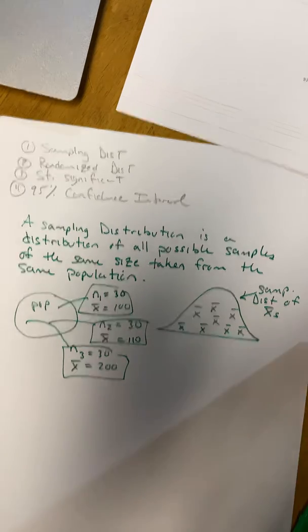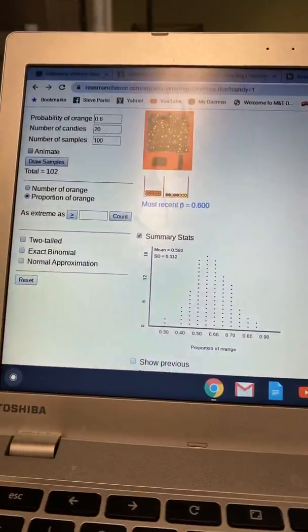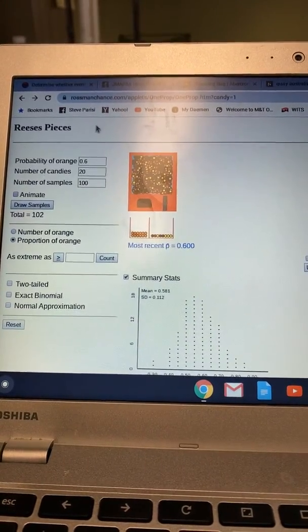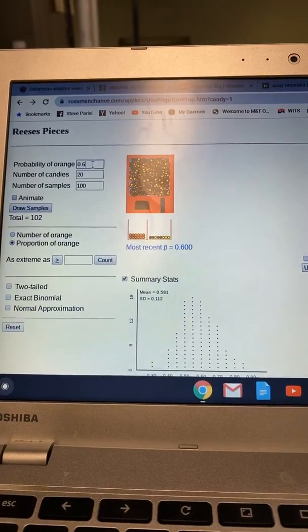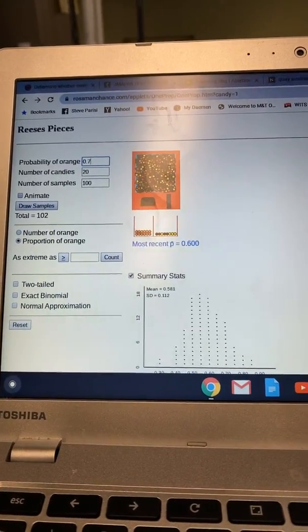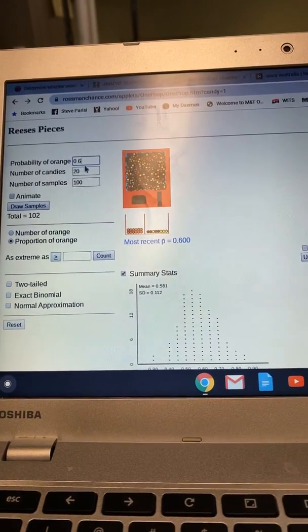Now let me show you what it looks like on a computer. Okay, so Reese's Pieces. Let's say the probability of orange is 60%. I could change it, I could make it 70, I can make it 80, but let's say 60.